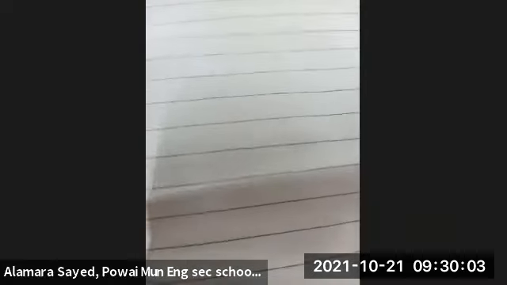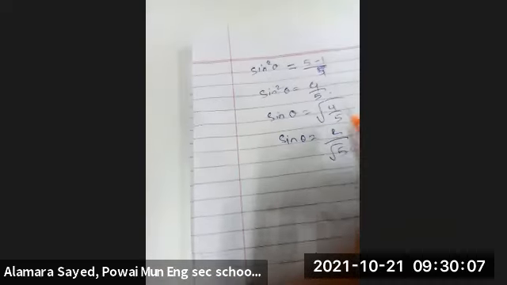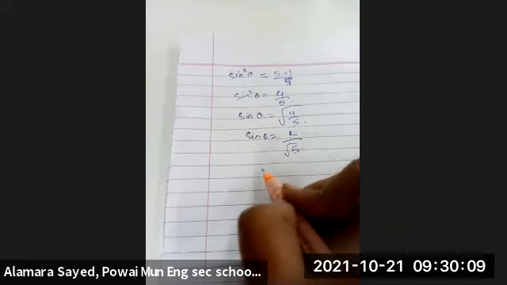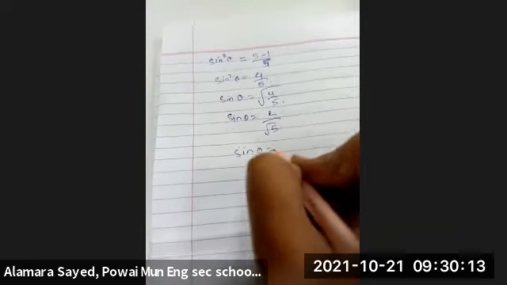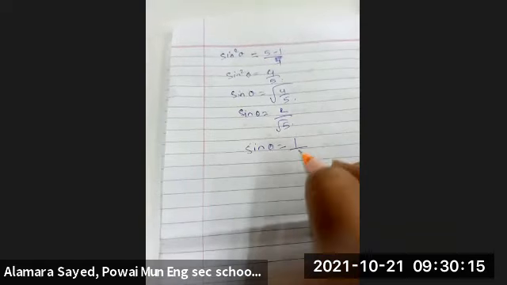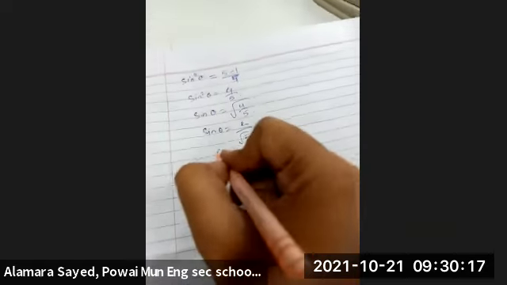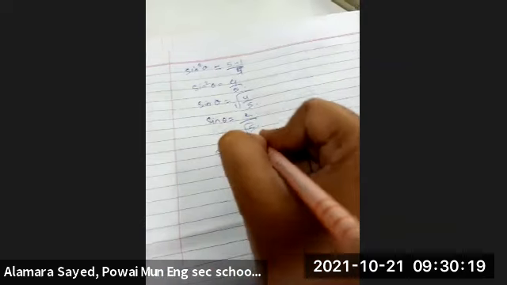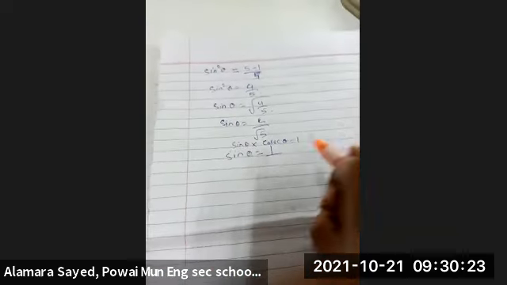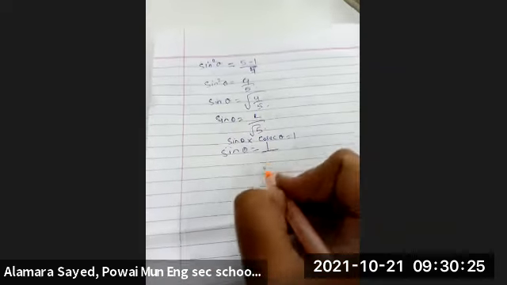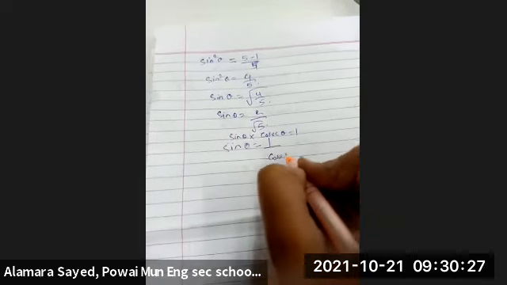Now we can also use another identity to find sine theta. Sine theta into cosec theta is equal to 1. This you know. So sine theta is equal to 1 upon cosec theta.